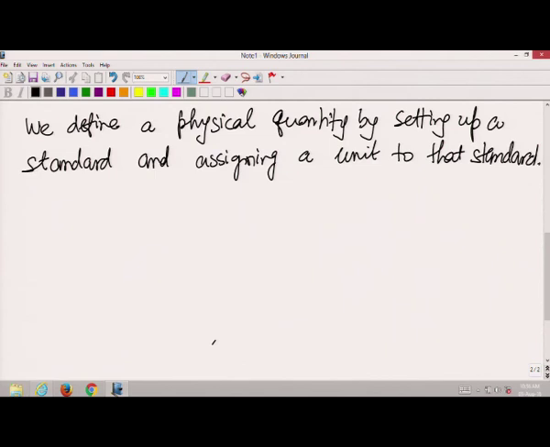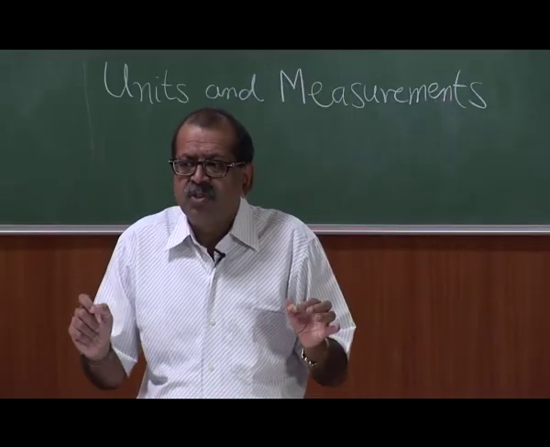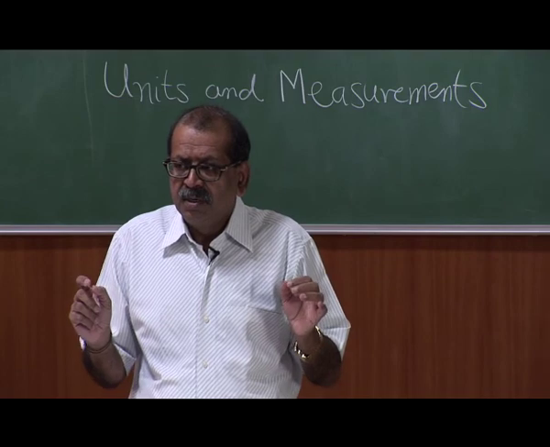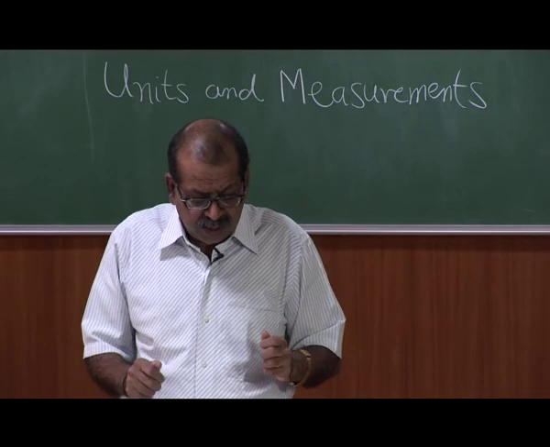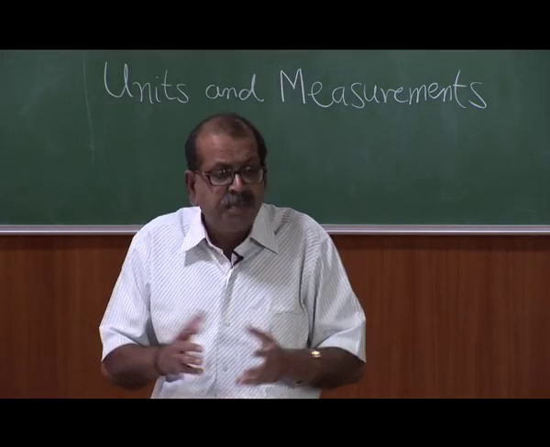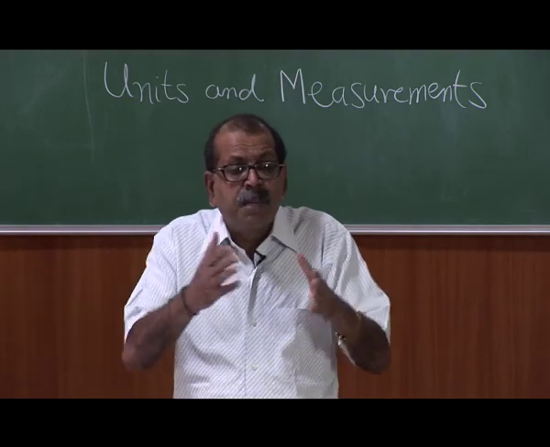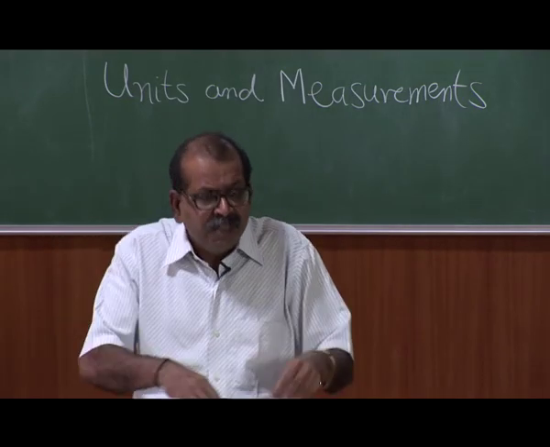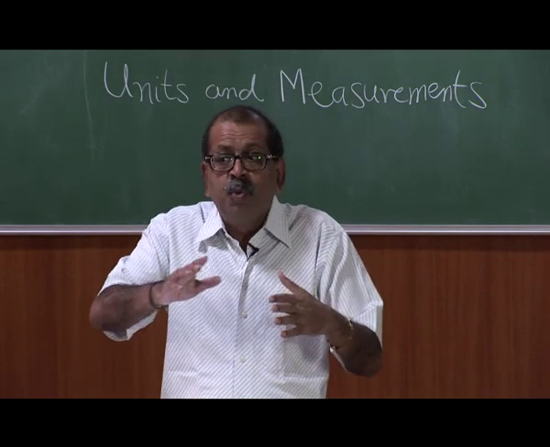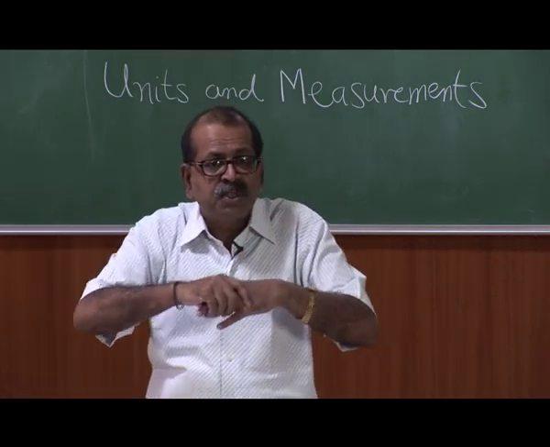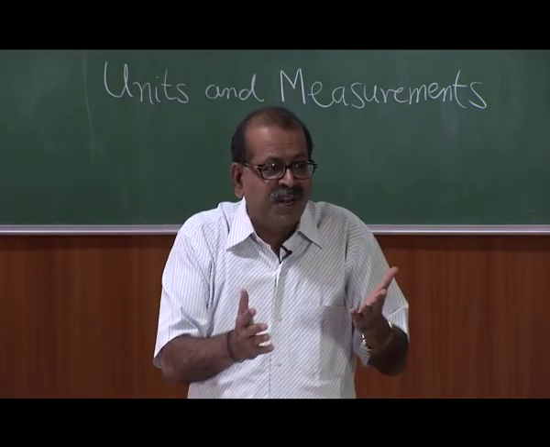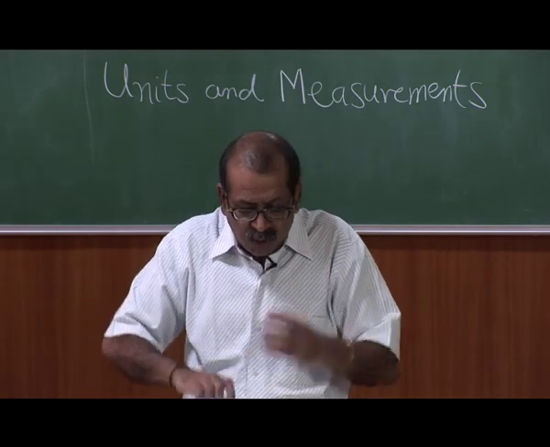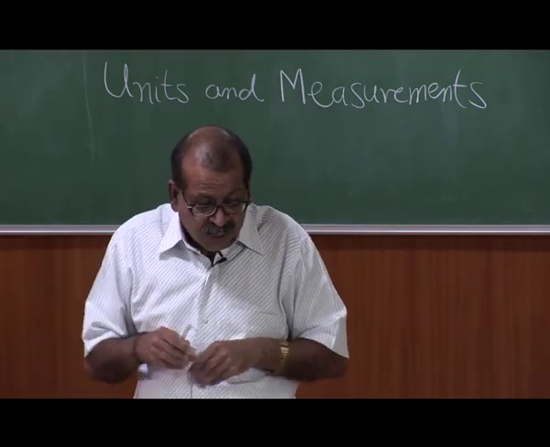For example, we take a specific length and we say this length is 1 meter. So, that means now this will be a standard length, we call that 1 meter. Any other thing which has to be measured, we express it as a multiple of this length. And this multiple could be either bigger than this length, something like 2 times the length or 3 times the length, or it could even be a fraction of this length, half of this length. And so, this is how the units are then used.